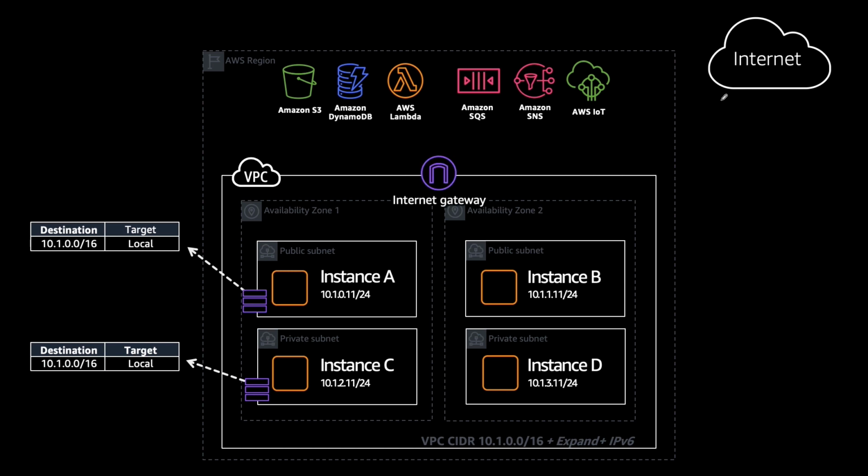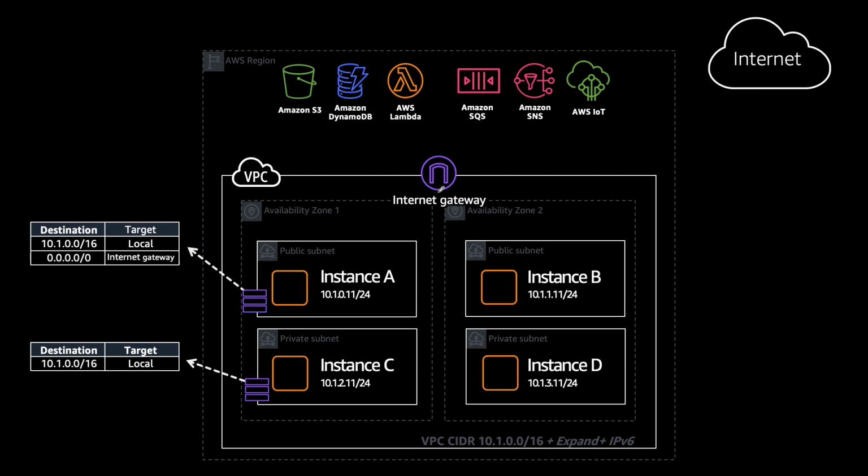so what we need is basically an internet gateway. If we do not have any internet gateway, then we cannot access internet. So it's as simple as that. And the internet gateway sits at the VPC level. That's why it's shown here.